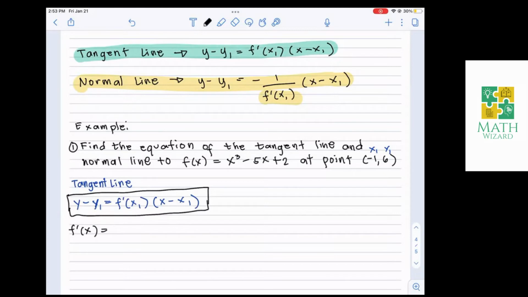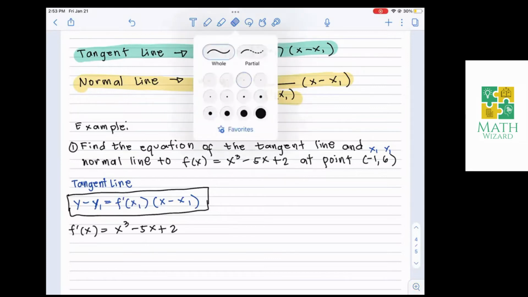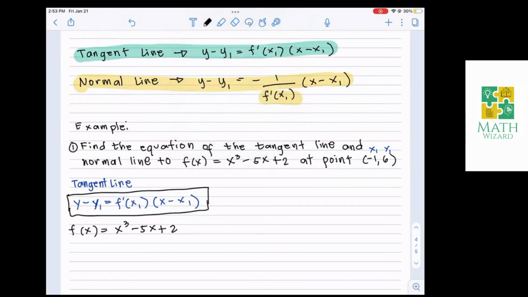So f of x, that would be x cubed minus 5x plus 2. Solving for the derivative of f of x, this becomes 3x squared minus 5. And isusubstitute ko na si x of 1. At ang ating x of 1 ay negative 1.